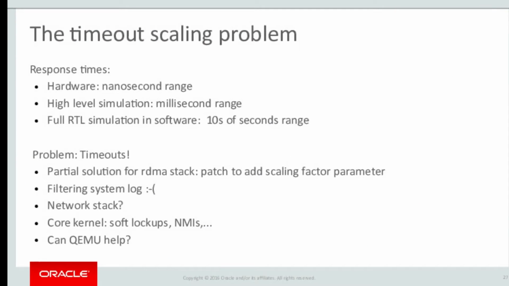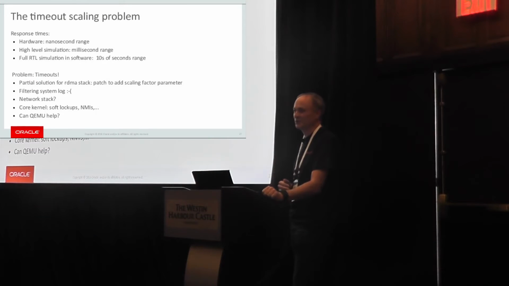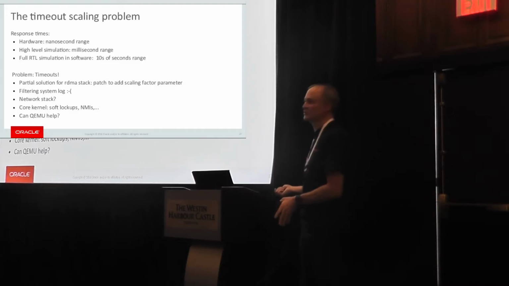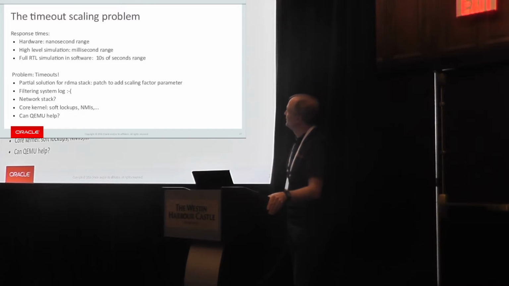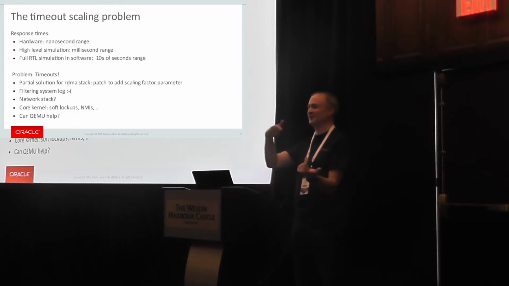Another very interesting problem, which becomes obvious when you start to run with a slow simulation model, is timeouts. I call this the timeout scaling problem. Something that takes nanoseconds on hardware can take tens of seconds on the RTL simulation. What is nice about it is that I can actually see the packets pass in real time.